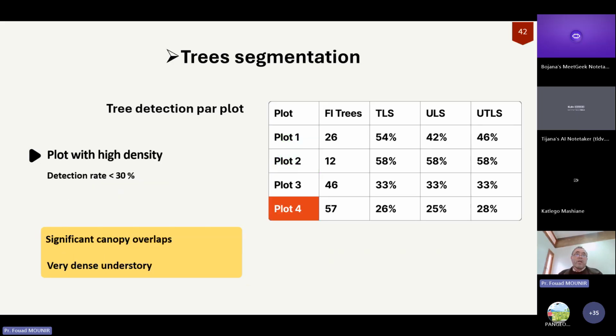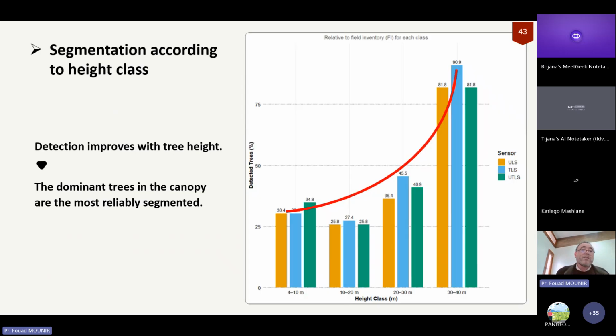We were in density category 1, which means that we have more than 60% coverage on the field. And we saw that the segmentation according to height is very important, and it grows with the height of the forest. The higher the forest, the better the segmentation.